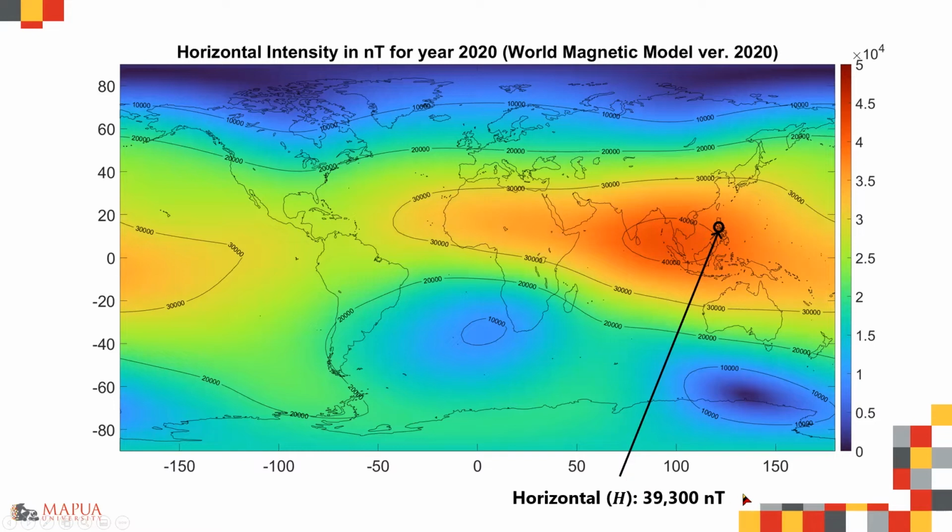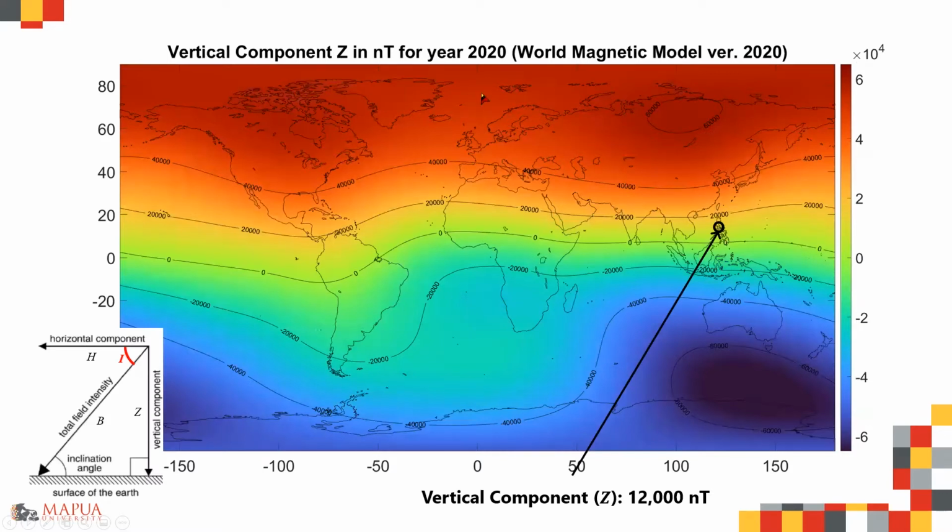The horizontal component is about 39,300 nanotesla using this model on the Earth's surface. And the vertical component, on the other hand, is very minimal at the equator. The locations where there are zero vertical components are what we call the geomagnetic equator.